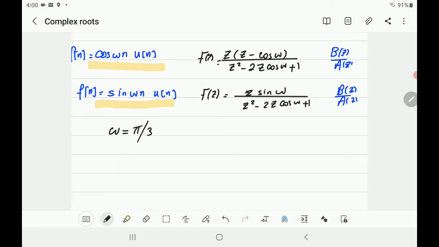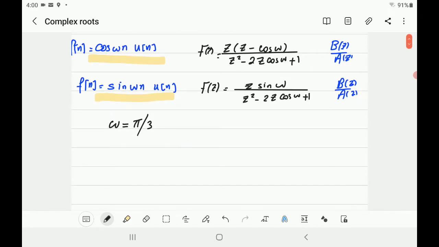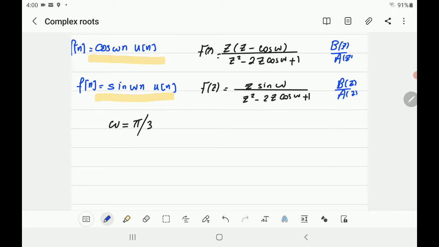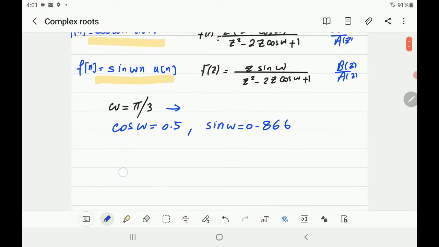Let's investigate what type of complex roots we get when we have sine or cosine only. Assume omega is equal to pi over 3. So what's cosine omega? Cosine pi over 3 is equal to 0.5, and sine omega is equal to 0.866.